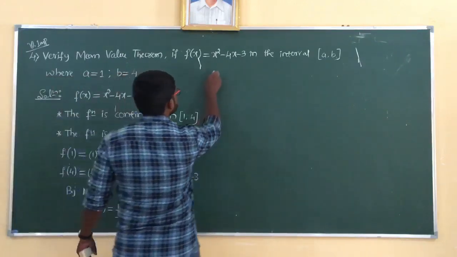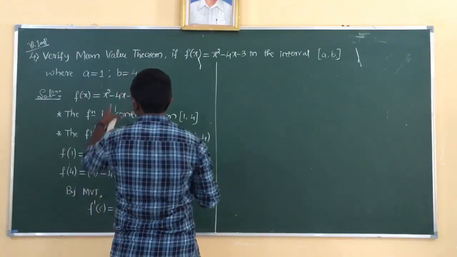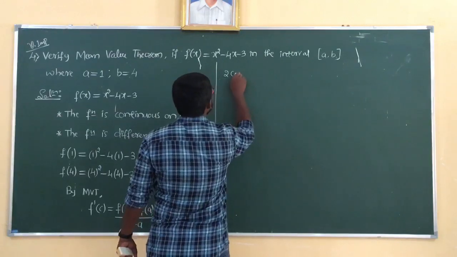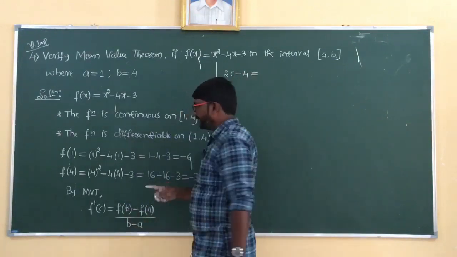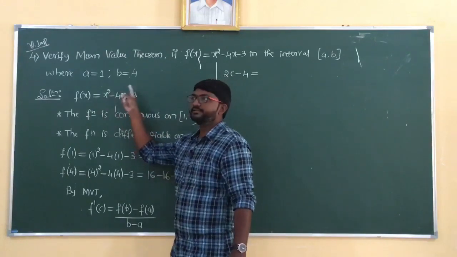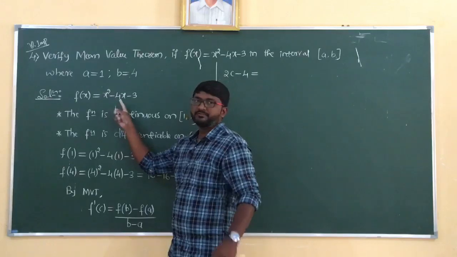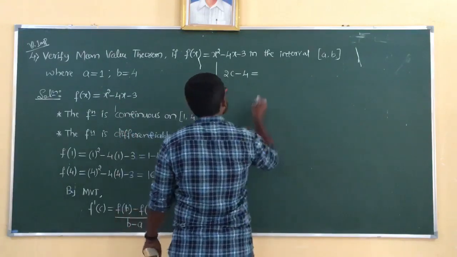So now what is the f dash of c here? It is 2c minus 4. Here f dash of c means derivative of this. We get f dash of x equal to 2x minus 4, so f dash of c will be 2c minus 4. So now this is equal to f of b.